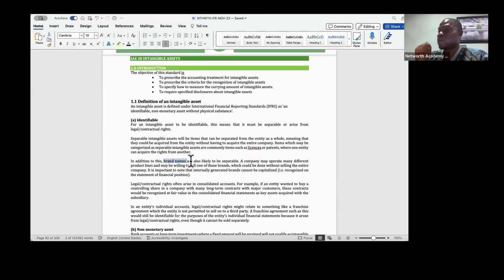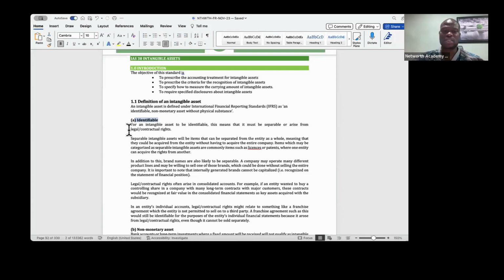So what we have done is we have sold our name, it didn't affect us. We will still be doing our business. So that's what we mean by something being separable. So licenses are separable. A patent is separable. Even brand names are separable. That's one part of identifiability.